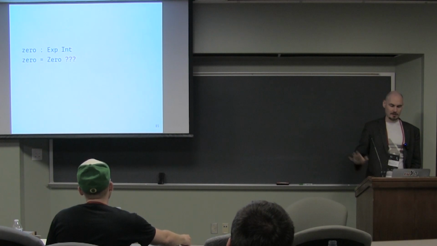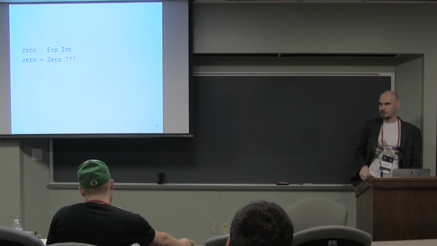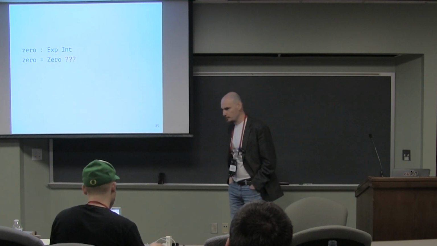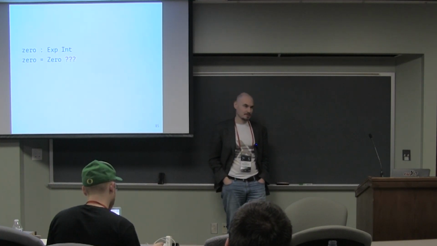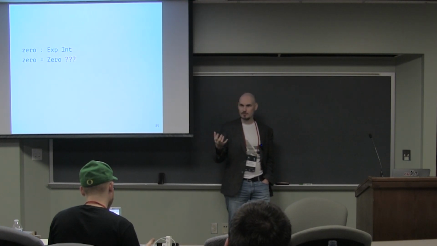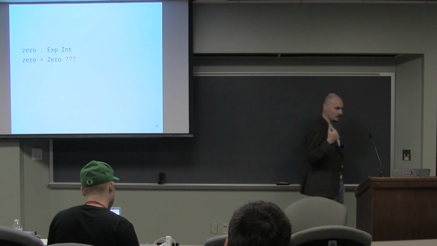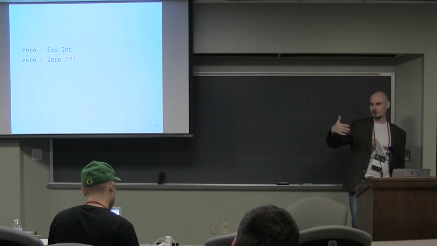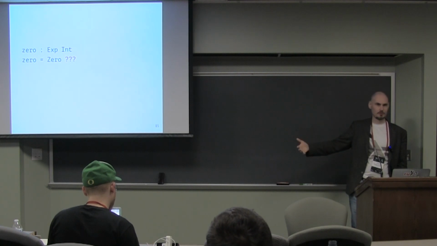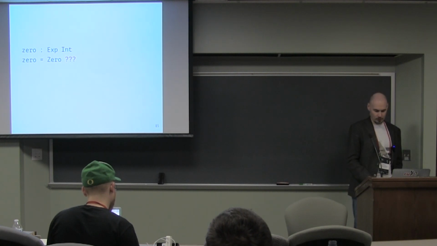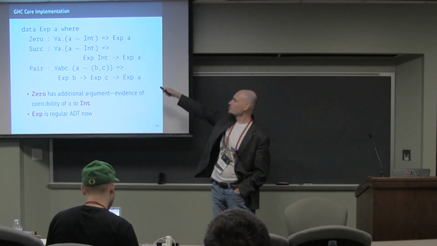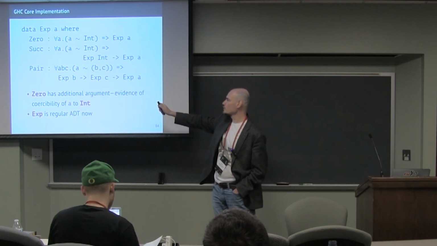For example, here we have a simple function which returns 0, and we know that 0 should have a type here, so it's an additional argument to 0. And what do you think? How to prove that? So now we have to provide this type. If you have two arguments, you have to provide both of them. So now 0 should have one additional argument, a type argument here, so you have to provide it.